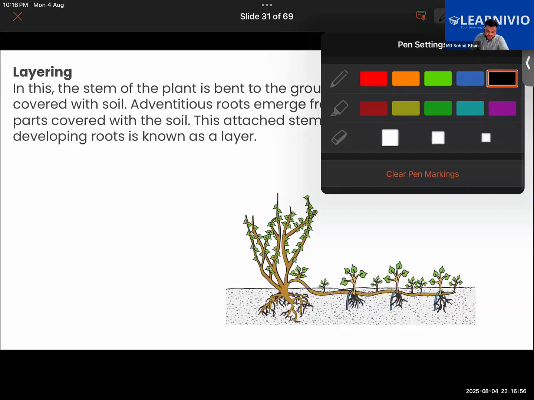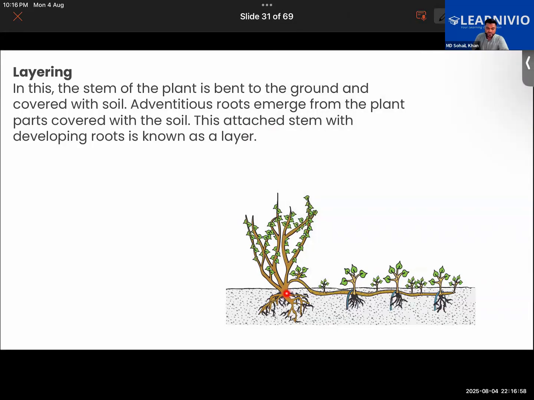By the way, adventitious roots are the roots that grow from parts other than the main root of the plant. Most of them have roots on their stems also.